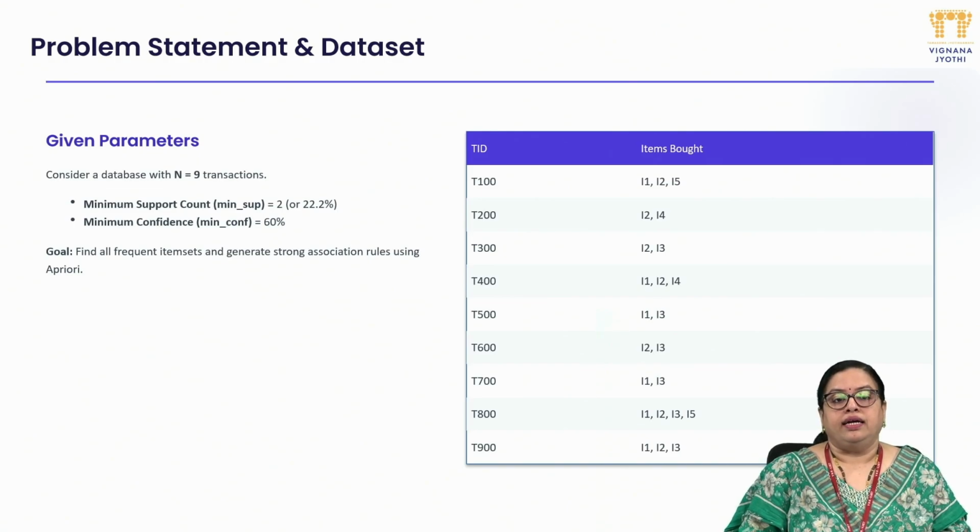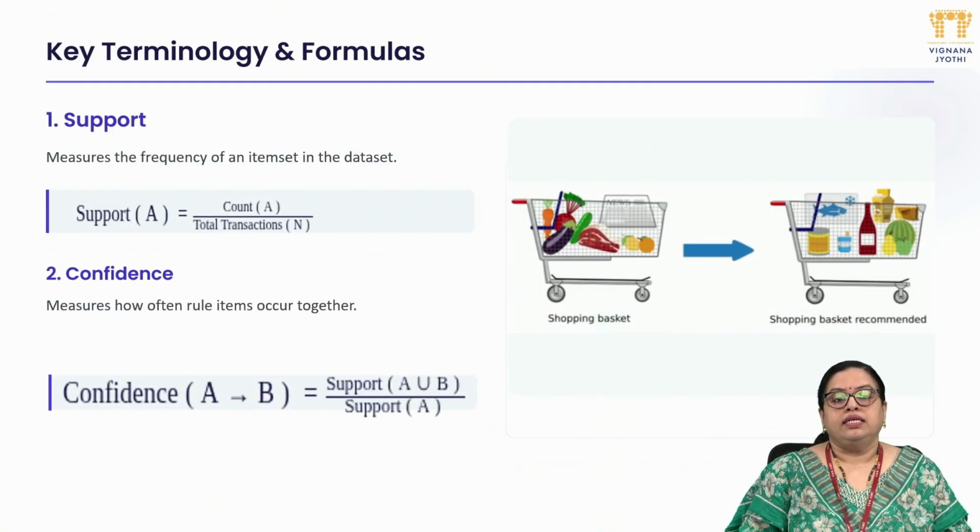Up to T900, so nine transactions are there, and I have written n equals 9. We count I1 how many times, divided by the total number of transactions. If the count equals 6, then 6 divided by 9 is the support.